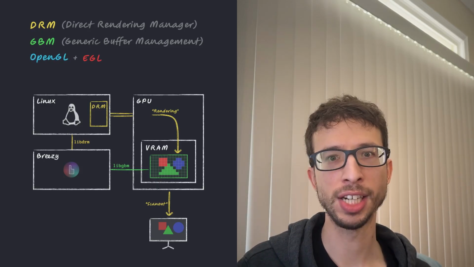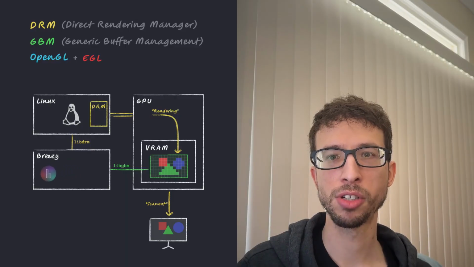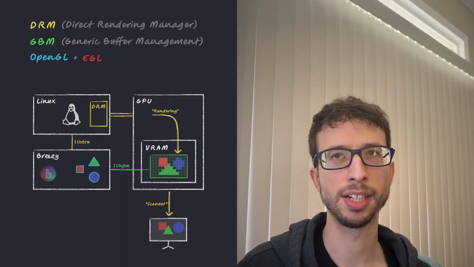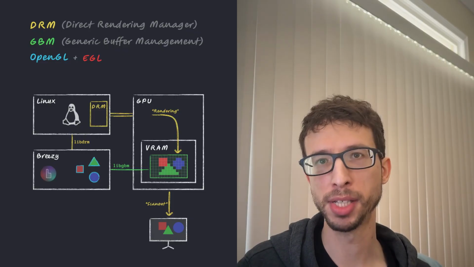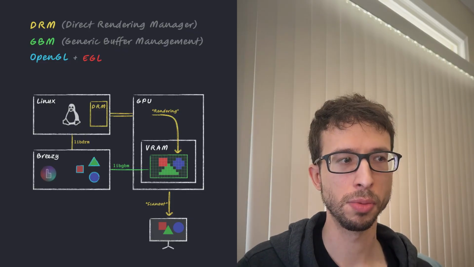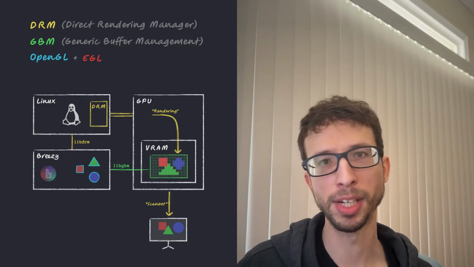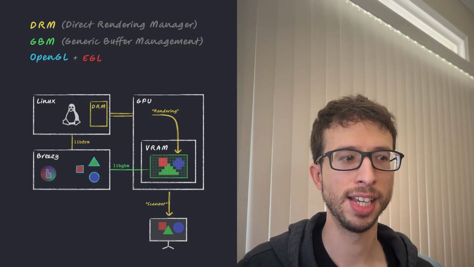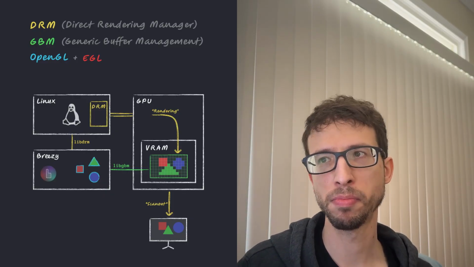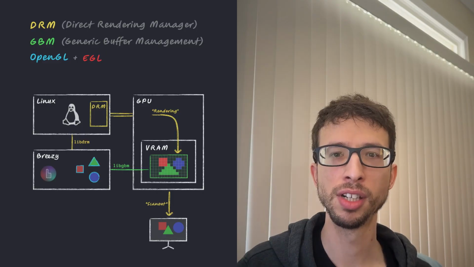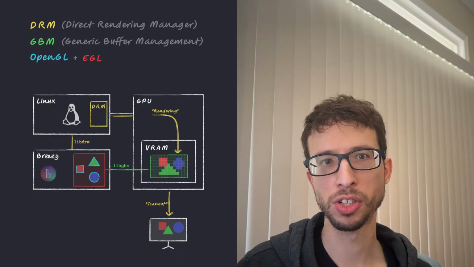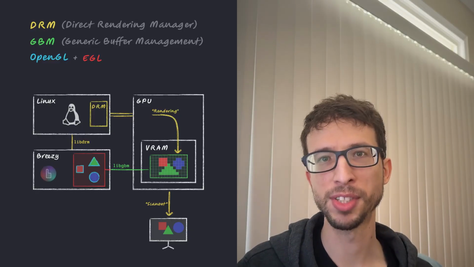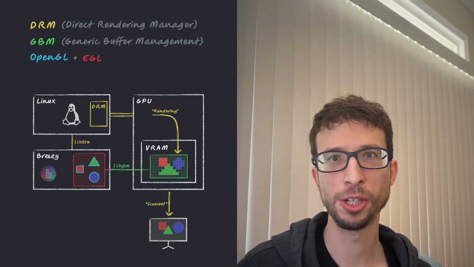OpenGL basically tells the GPU how to render images or text or any kind of graphic into our main GBM display buffer. So put simply, which colors to make which pixels. And then EGL can be thought of as glue code. It manages a context for OpenGL to use, which, again, is a fancy way of saying it links OpenGL to our GBM buffer.